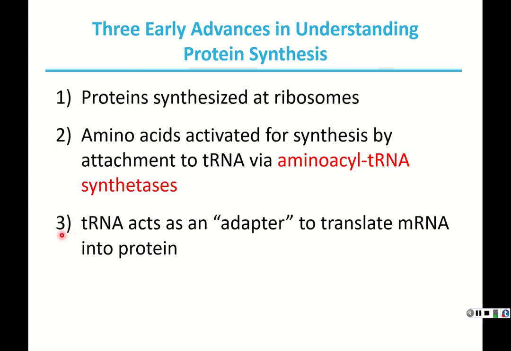So amino acids aren't just freely floating around like nucleotides to be put into their protein chains. They actually have to be attached to transfer RNAs. And the transfer RNAs act as an adapter to be able to translate the messenger RNA code into an amino acid.